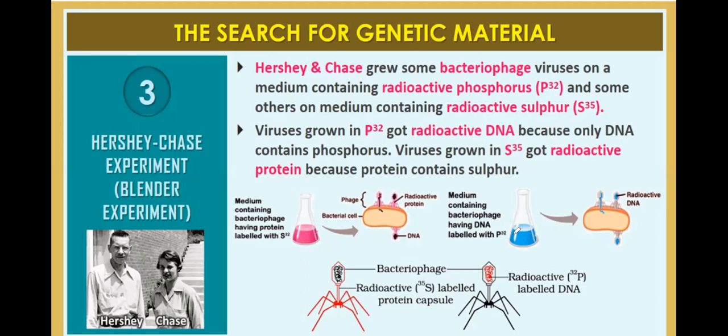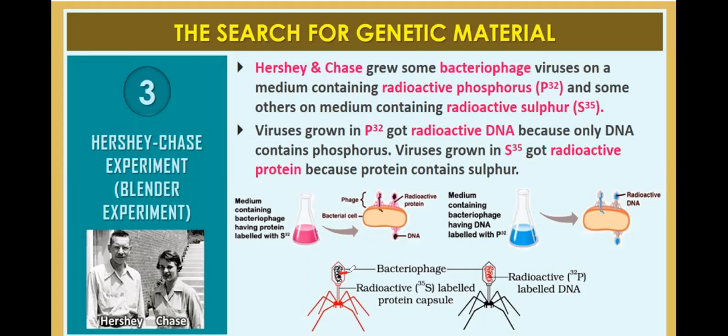So they labeled DNA by using what? Phosphorus 32. And they labeled the protein of the bacteriophage by using what? Sulfur. So here, this is a bacteriophage. Here, this red color, the protein is labeled. This red color is what? Labeled.